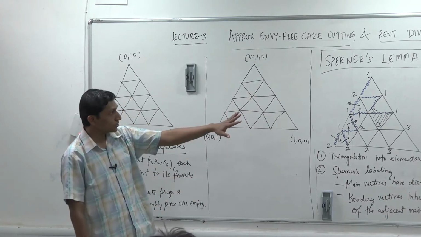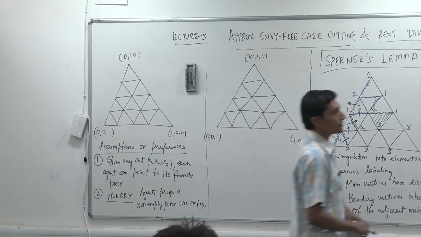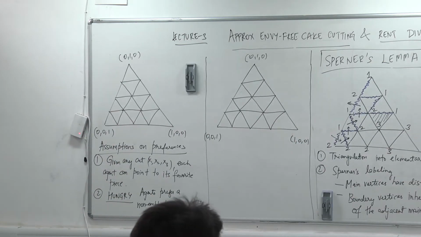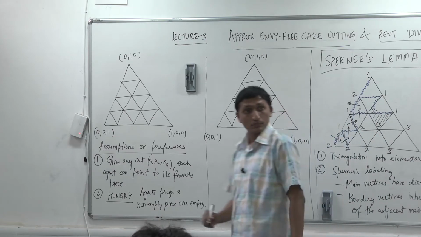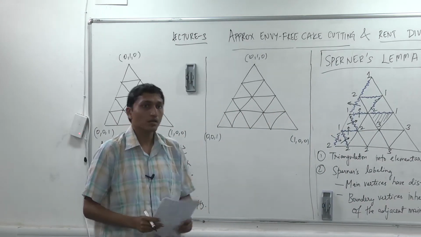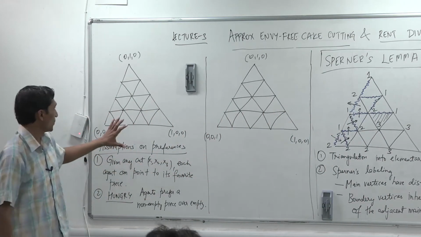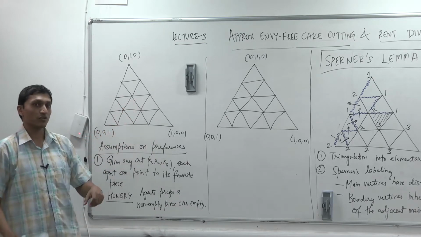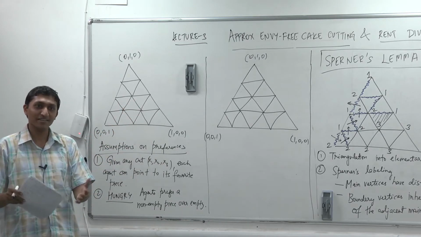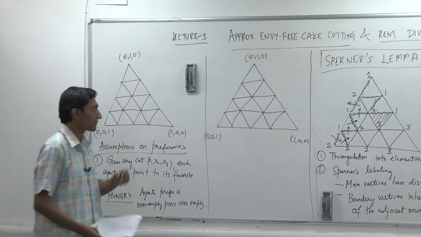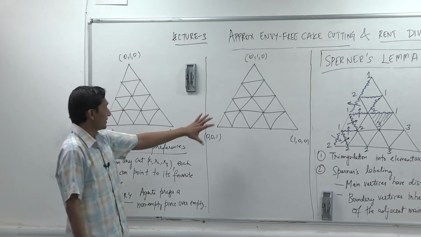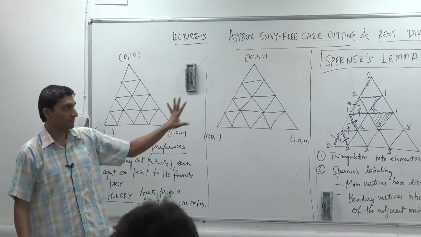Let me give those players some names: A, B, and C. The triangulation is arbitrary. We can make it as fine as we want, and that will give us better approximation, which I haven't defined yet, but we'll see in a moment. All I need is that these two triangulations are identical.